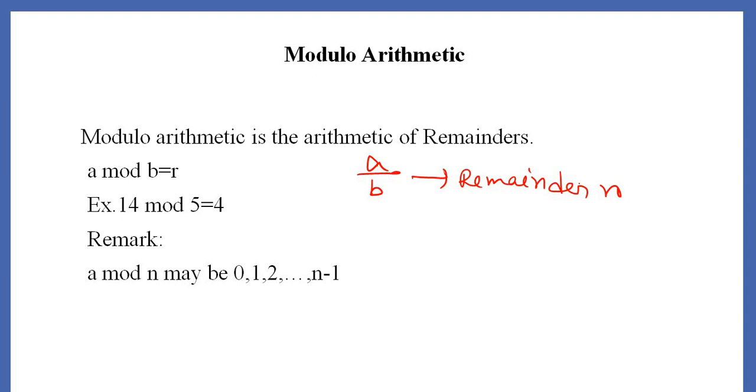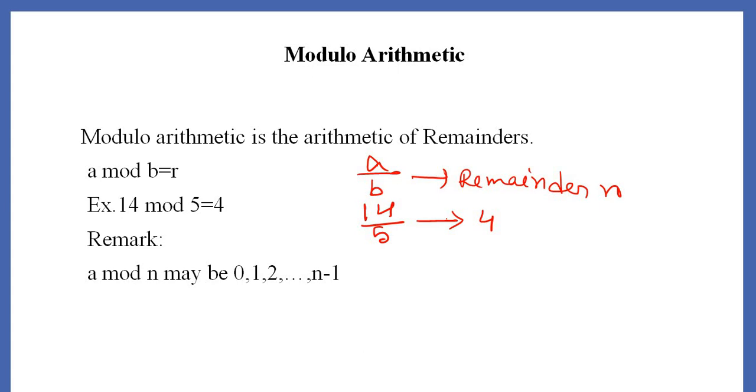For example, we can write 14 mod 5 equal to 4. How did we get it? Very simple. If you divide 14 by 5, you get the remainder 4.